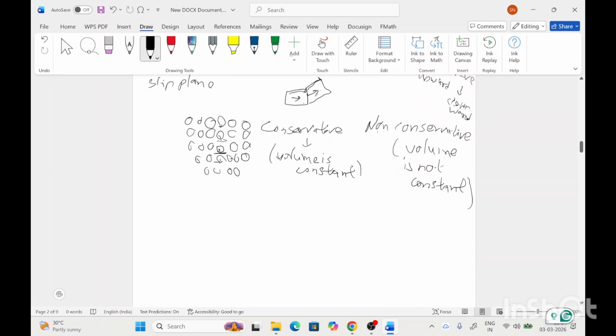Further, regarding the energy of the dislocation: if this extra half plane is there, at the upper side the atoms are squeezed, and at the lower side they are stretched.